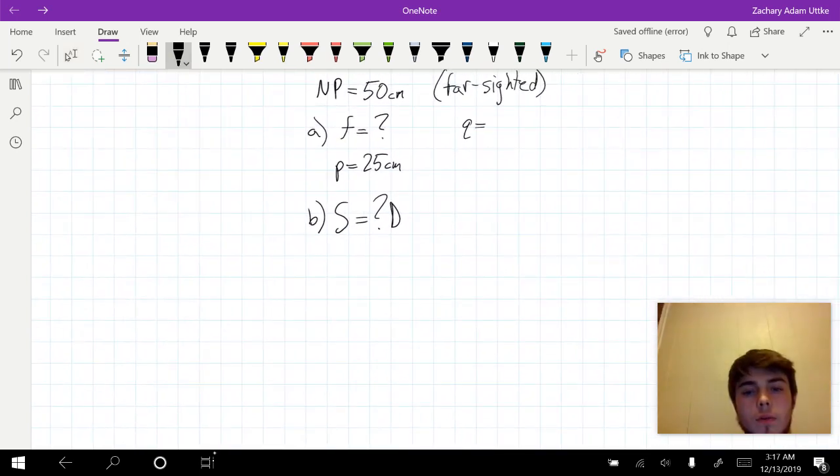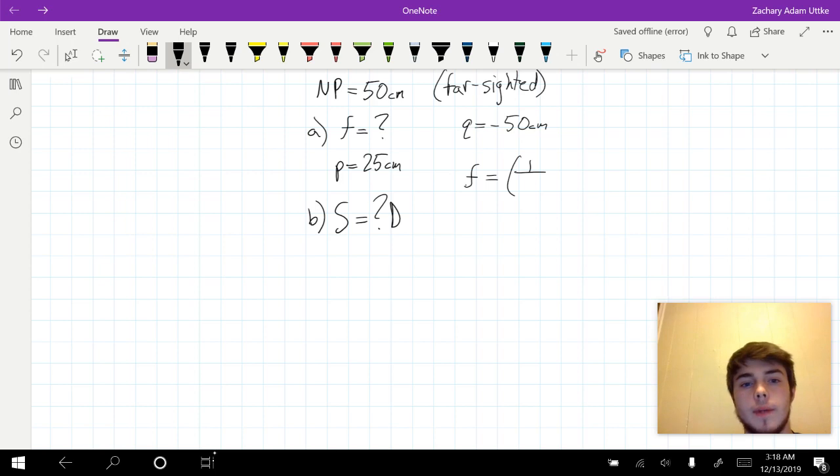So Q equals negative 50 centimeters. So let's calculate the focal length. Focal length equals 1 divided by P, 25, plus 1 divided by negative 50, and the inverse of that.